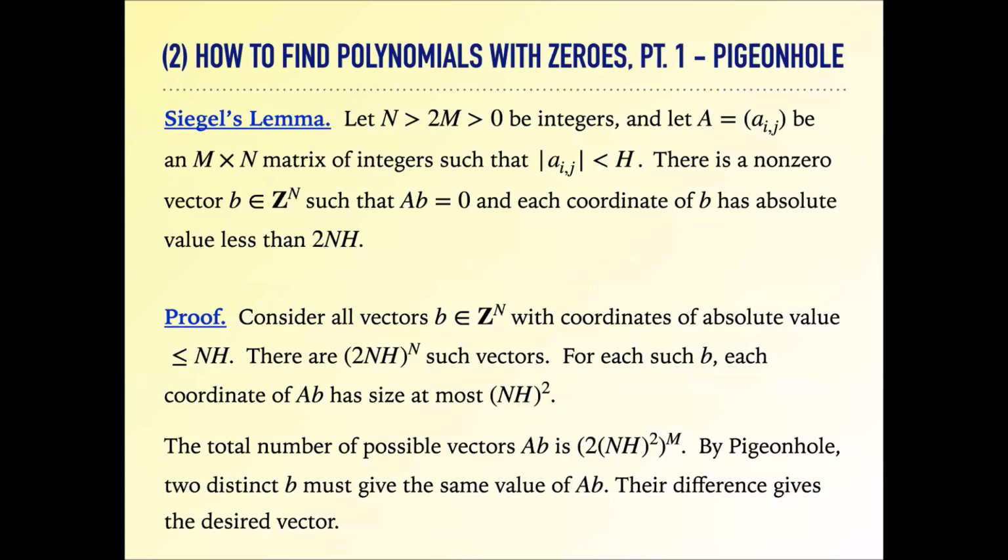So the number of such numbers is 2 times n squared h squared. Right. The number of integers of absolute value at most this is twice this. And then there's m such coordinates of the image vector. So it's that raised to the mth power. Okay.